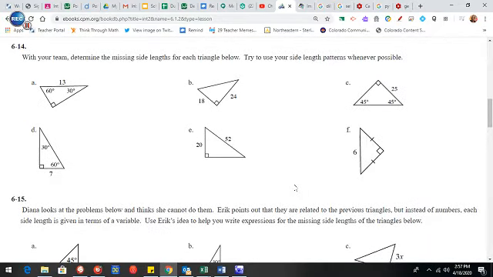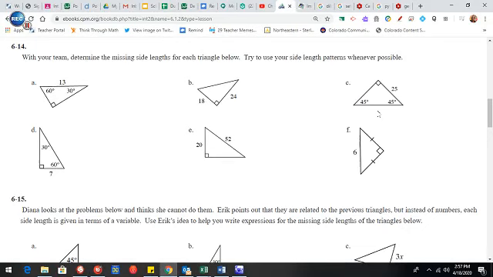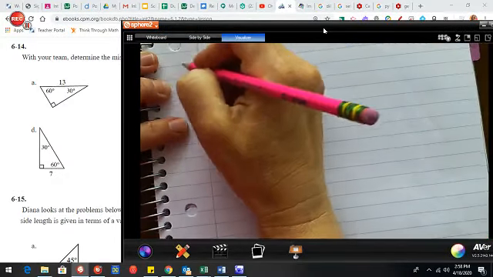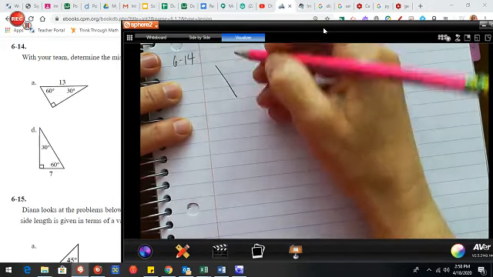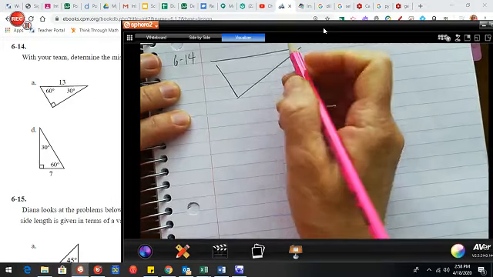Okay, so let's work on 614. So you're going to be drawing these triangles. I know it's a lot of drawing, but that's how you're going to show your work on this one. Okay, so for part A, let's draw this triangle.